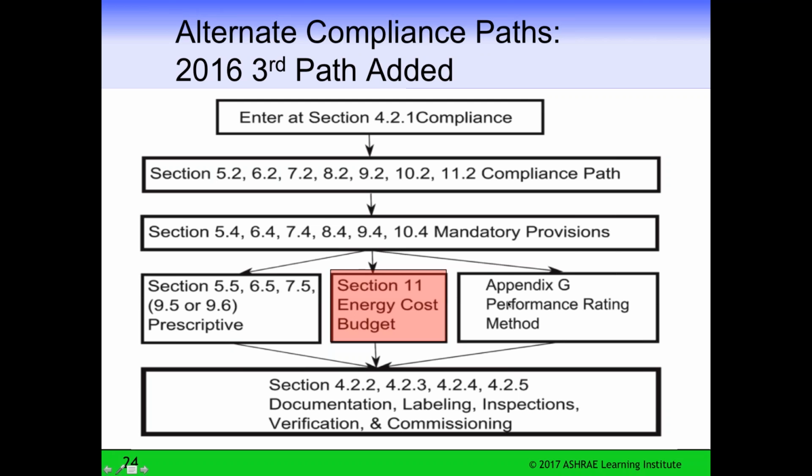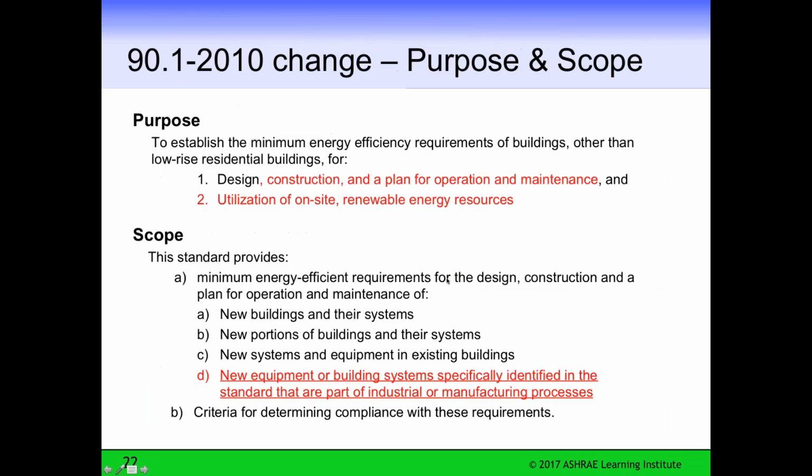All of these are compliance paths. And then you have your documentation, labeling, inspection, etc. So this is all the compliance paths, and then Appendix G is a new compliance path in 2016. And then I'm going back here because this was out of sequence. We're at slide 22.